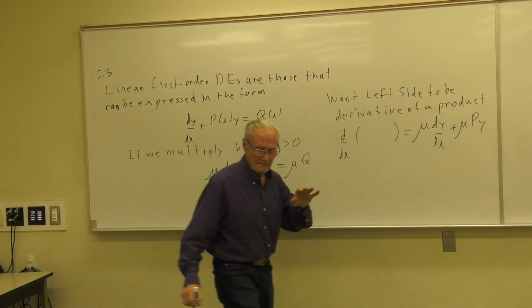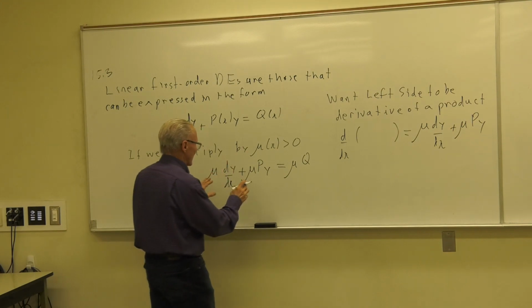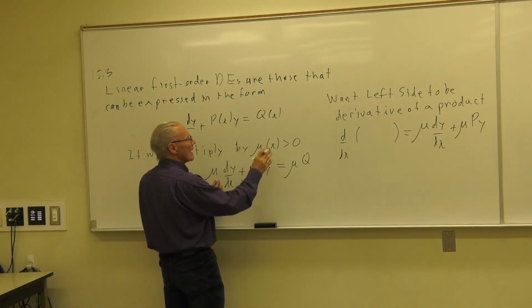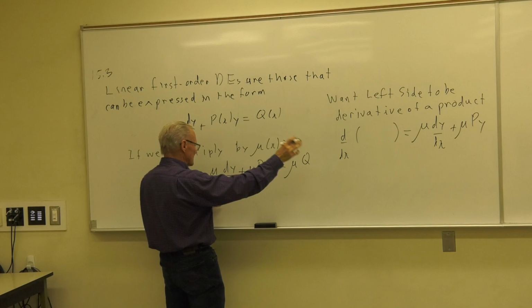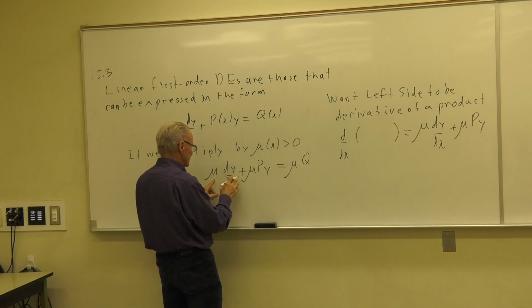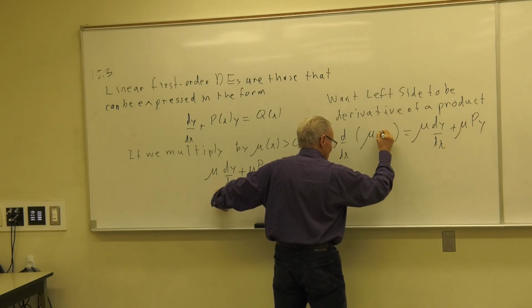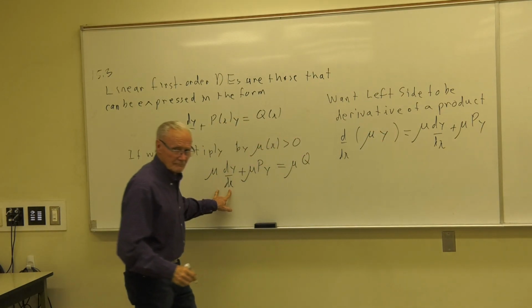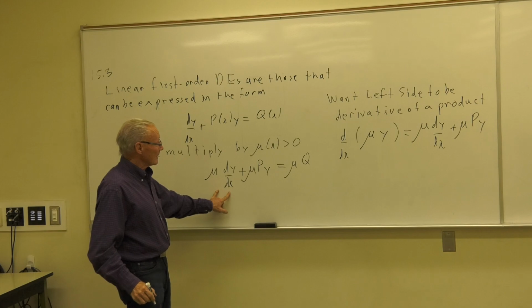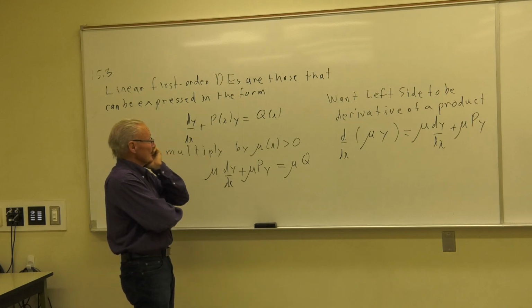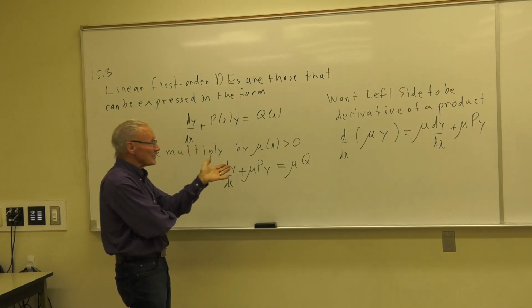And the product, if we're thinking about the product rule for what's inside there, well, if this is to be one of the terms in the product rule, doesn't that product have to be that? So we want this to be true.